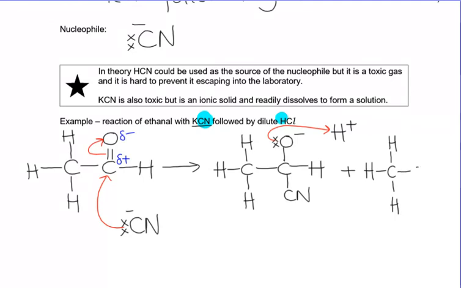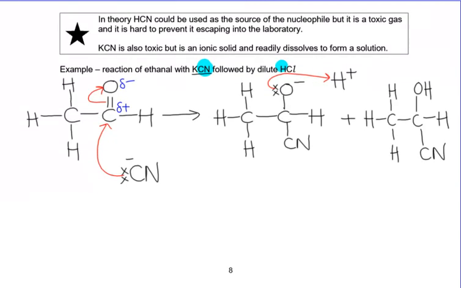And we have added the H to the oxygen and the CN to the carbon. And if we were to name that structure, we'd start from the nitrile carbon, and we've got propanenitrile with a hydroxy group on number 2. So 2-hydroxypropanenitrile.